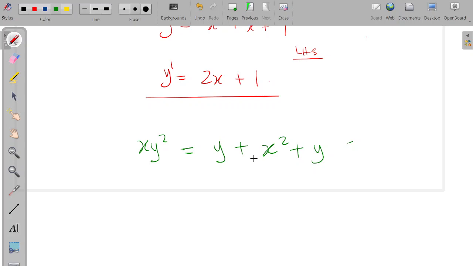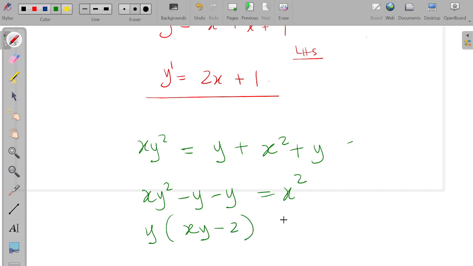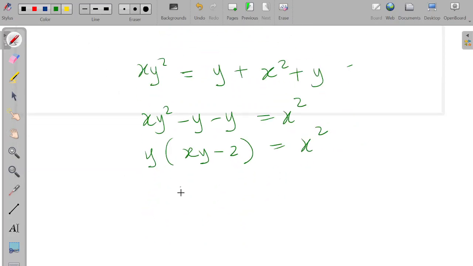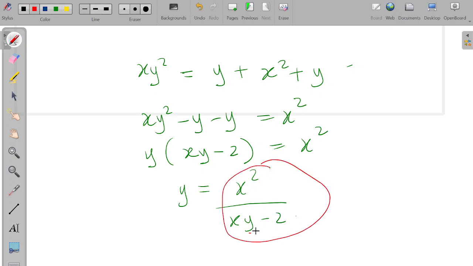If I want to factorize y and bring everything that has y together, I will have y into xy minus 2 equals x squared. Now, my y will still be x squared over xy minus 2. So you see, at the left hand side, we cannot do away with y. y is still there.